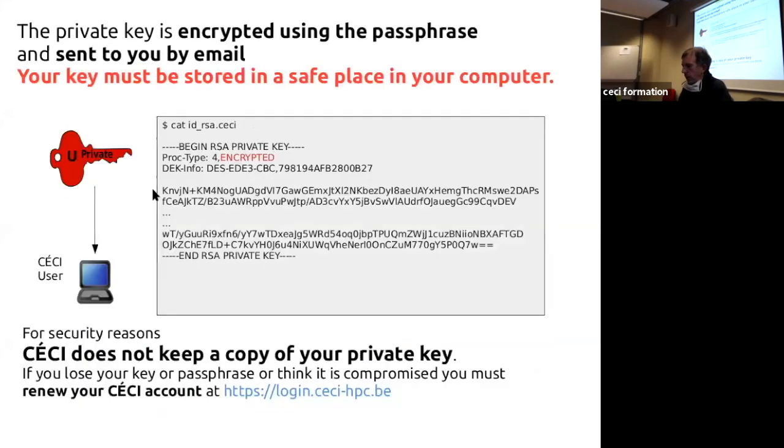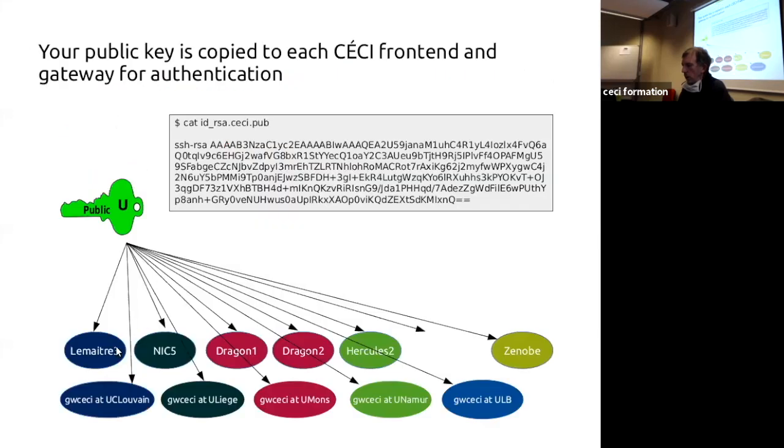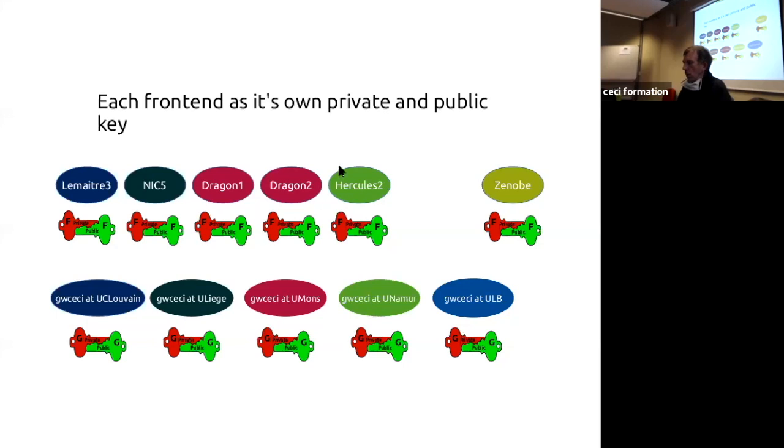So the private key is sent to you, and the public key is put in every front end and every gateway. Like this, it can identify you when you try to connect to the cluster. Also, every front end and gateway has its own private and public key.